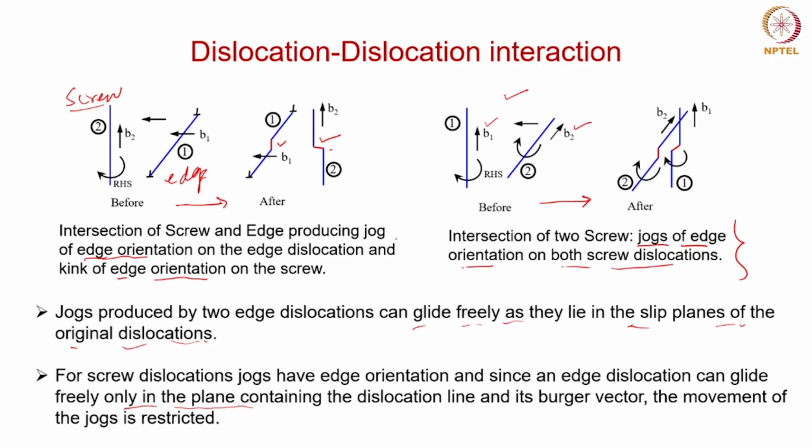So that is how when dislocations interact with other dislocations, their movement is hampered due to creation of jogs and kinks on the dislocation lines. So this is what we call dislocation interaction. This goes by other names also, for example, forest dislocation or forest dislocation interaction.